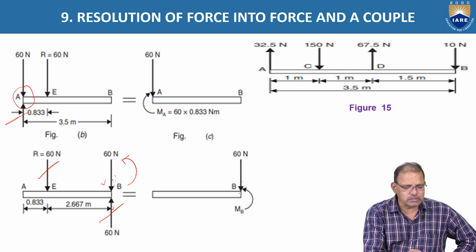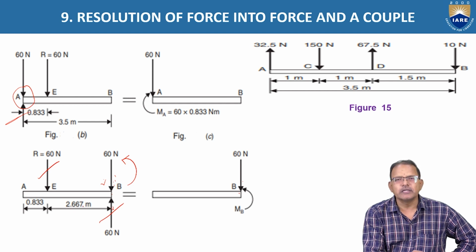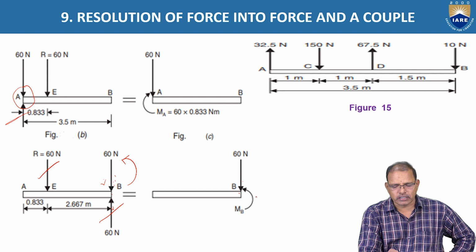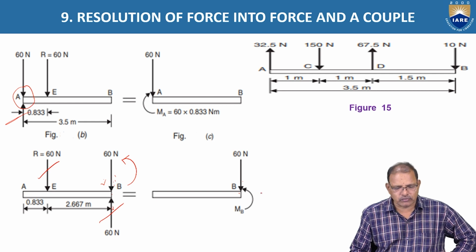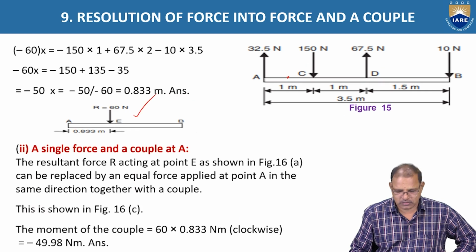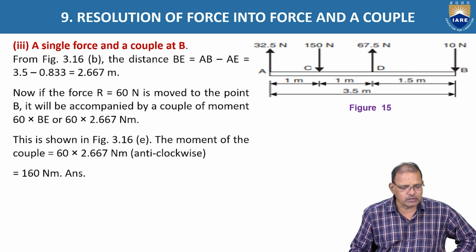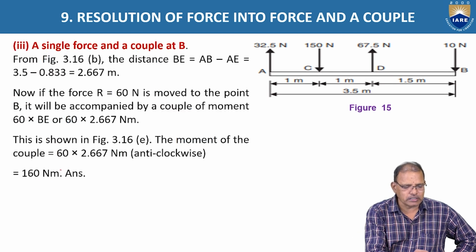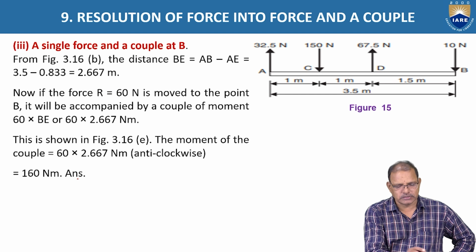The couple is equal to 60 into the perpendicular distance between these two forces, which is 2.667. This couple is acting at point B, which is equal to about 160 newton meters.